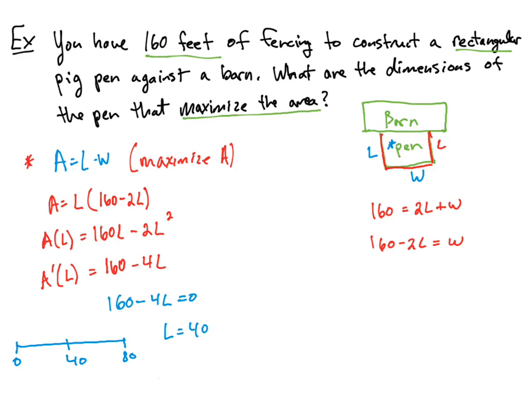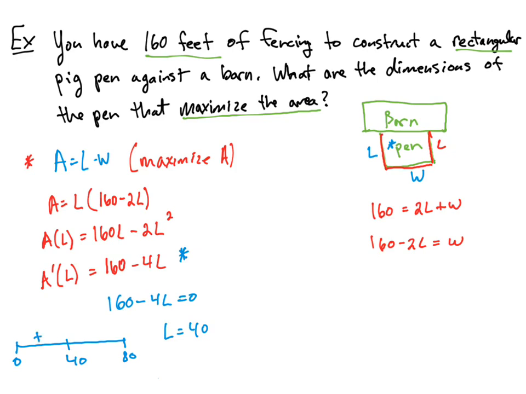So let's pick values in each of these intervals just to verify that 40 is actually the local maximum value. Again, we're going to plug that into the first derivative. If I substitute in, maybe 1 into that first derivative, I'm going to get 160 minus 4, so that's a positive value.